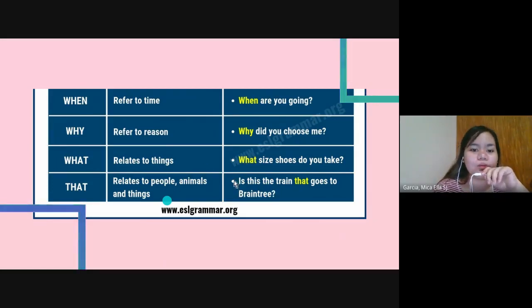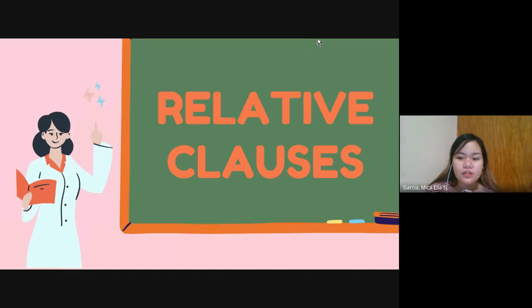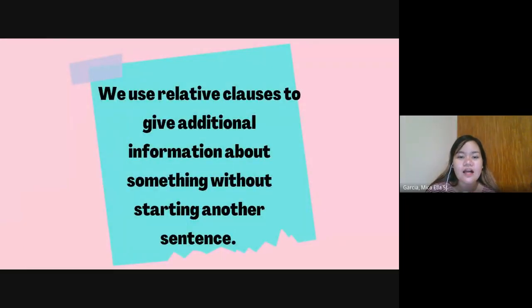All right. I hope you understand our first lesson for today, which is the relative pronoun. So let's proceed with the relative clauses. Will you please read the definition on the slide? Yes, Erica.